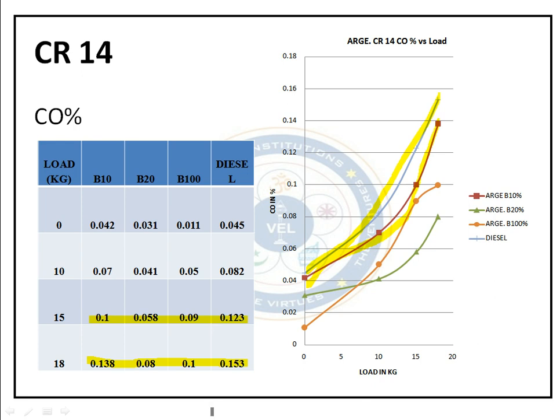For B100 we have orange color, and for B20 we have yellow-green color. This graph shows that if you go for B10 blending, the CO emission is less compared to diesel. If you go for B100, we have a lesser value of emission, but I will conclude in the end why we are not going for B100.